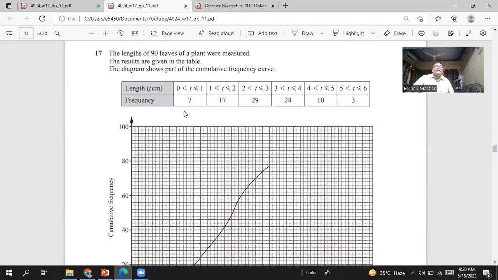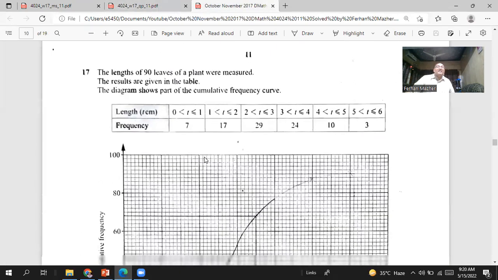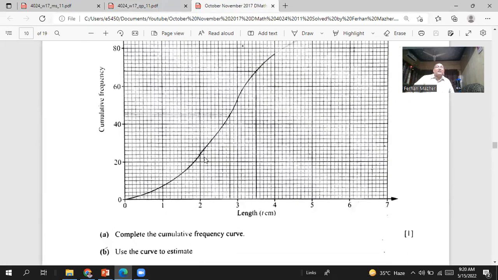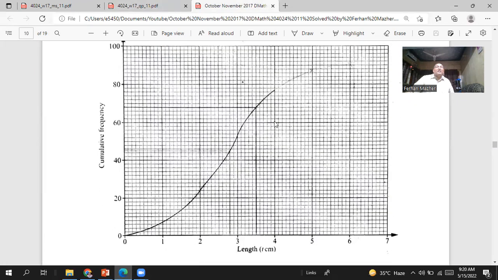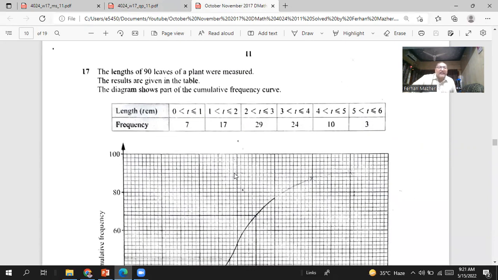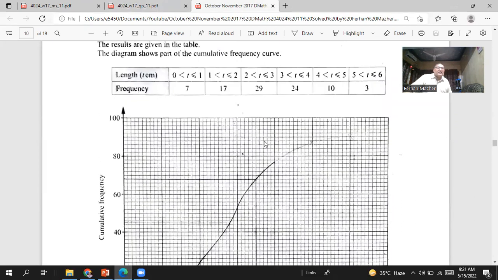First of all, you need to know what the cumulative frequency is here. Seven plus 17 will be 24, 24 plus 29, then whatever answer you get, you add to it. Then 24 and 10, and then add 3.